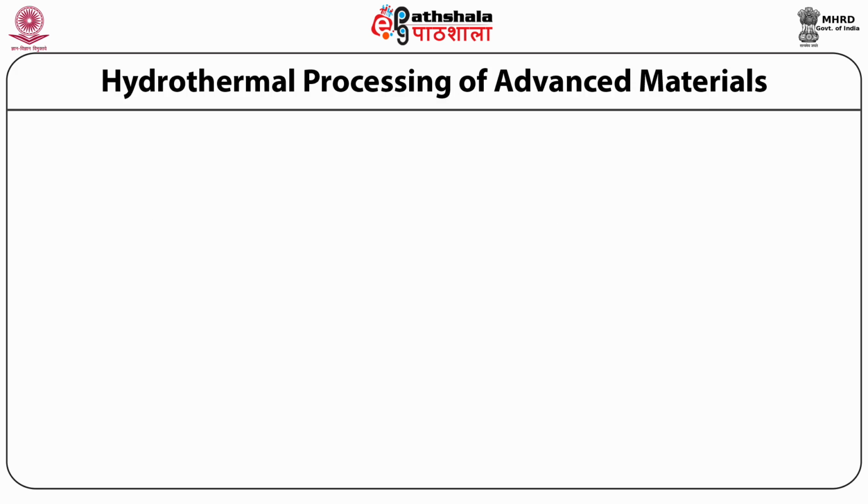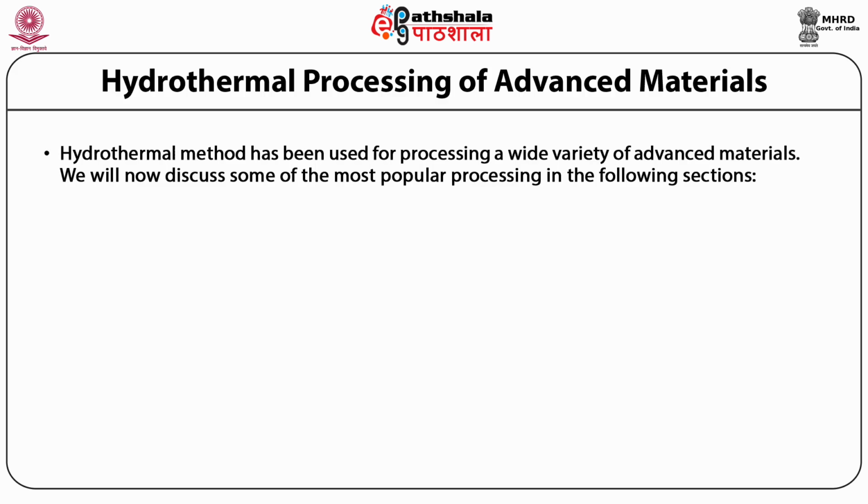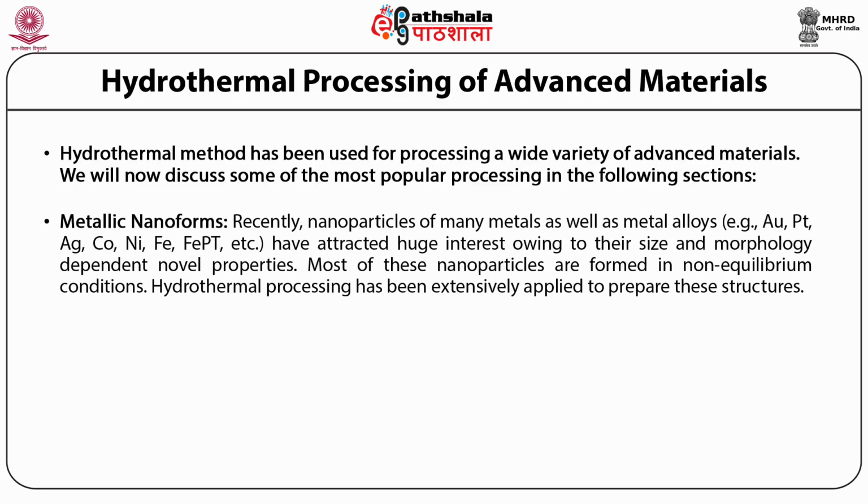We will now move on to hydrothermal processing of advanced materials. Hydrothermal method has been used for processing a wide variety of advanced materials. We will now discuss some of the most popular processing in the following sections. First is the metallic nanoforms.